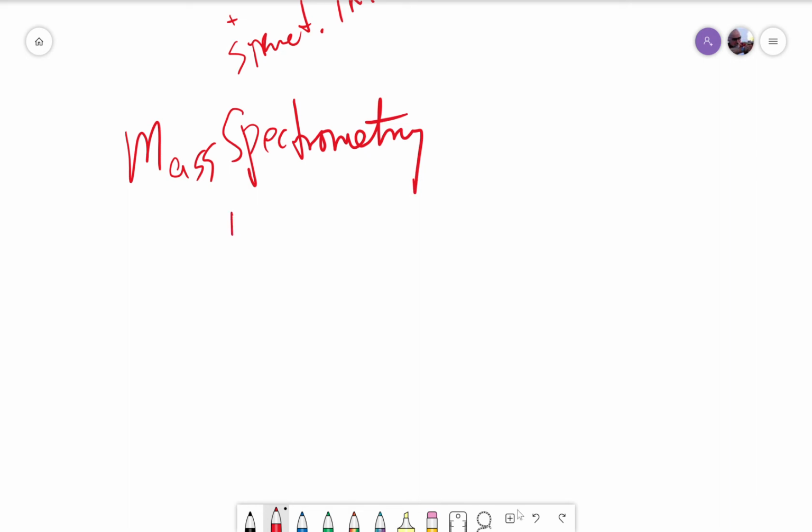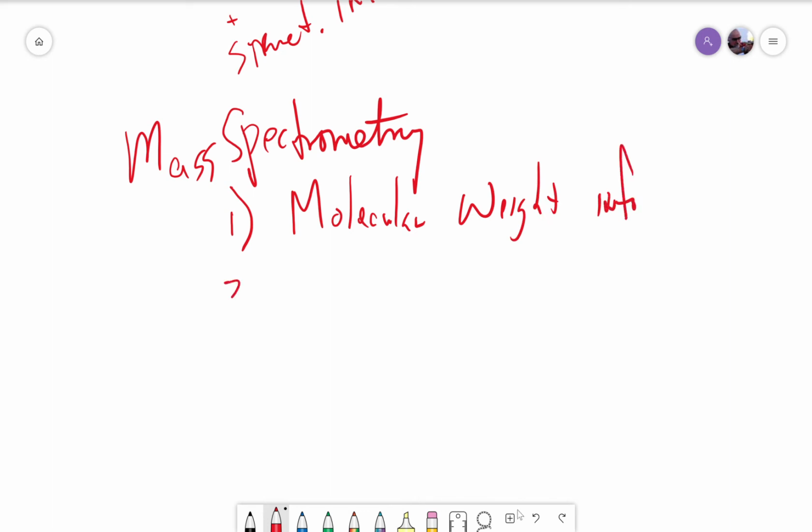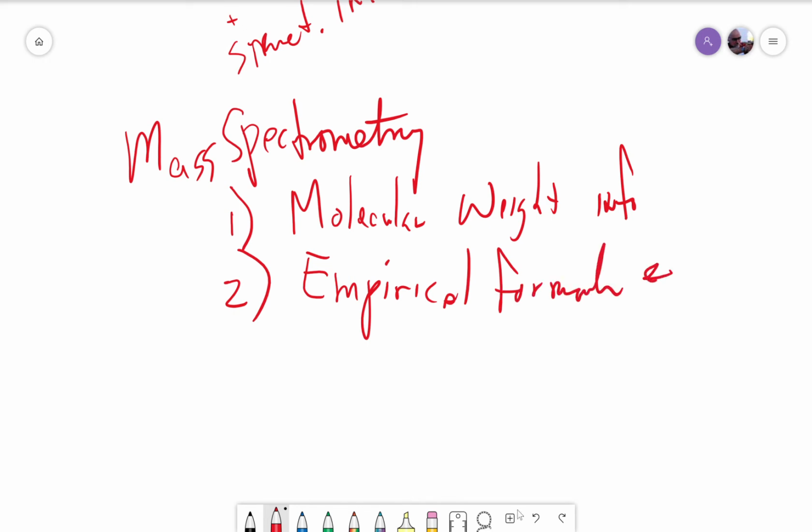Mass spectrometry, first and foremost, is to provide you with molecular weight information. Second, it can provide you with empirical formula information so that you know what elements are there. And third, it can provide you with structural information.